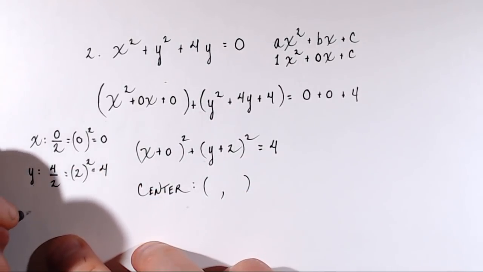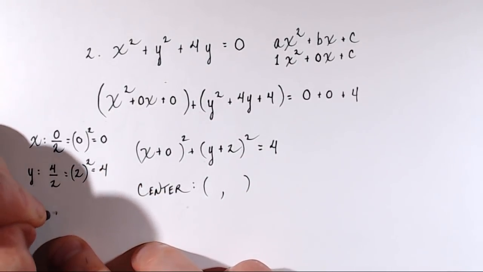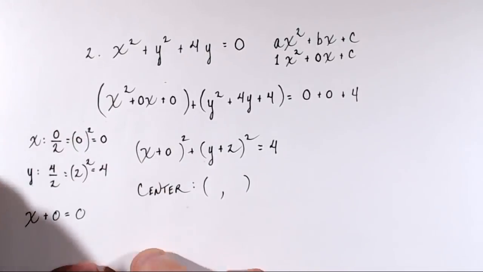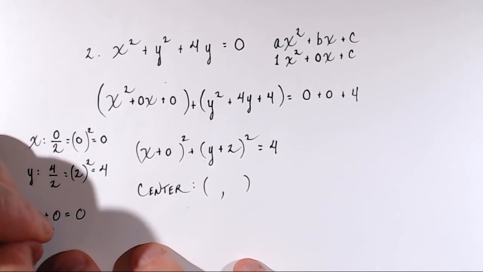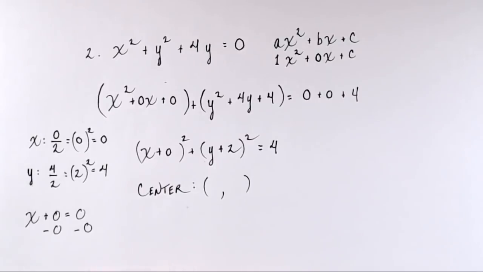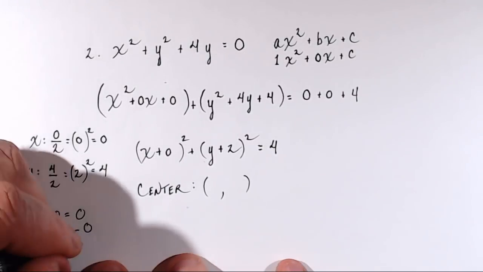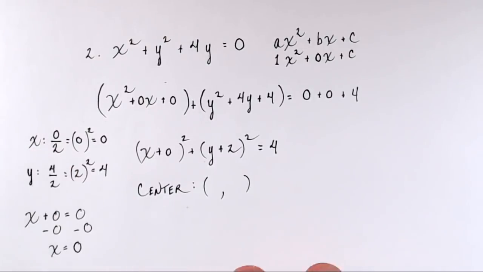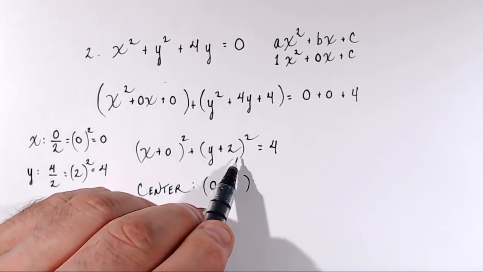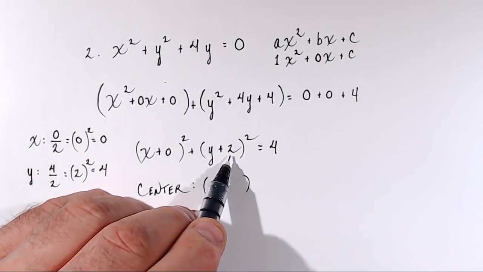So first, I'll solve for x. X plus 0 equals 0. And I'll solve for x. Minus 0 minus 0. X equals minus 0 is just 0. So x equals 0. So this is 0. Now, please don't make the mistake I just made and quickly, without even thinking for half a second, just write down that number.